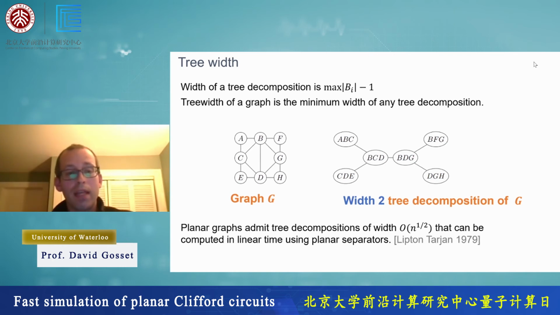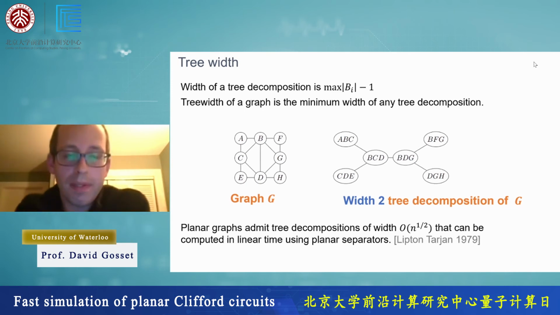And moreover, such a tree decomposition can be computed in linear time, in time order n, using the planar separator theorem. And this algorithm that computes this tree decomposition for you can be viewed as a divide and conquer method. I guess that's all I'll say about that.